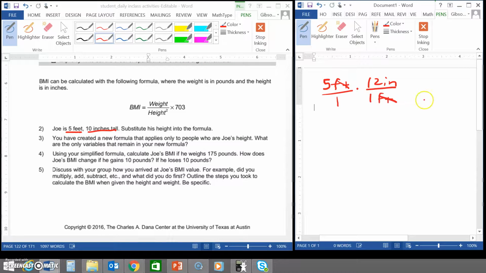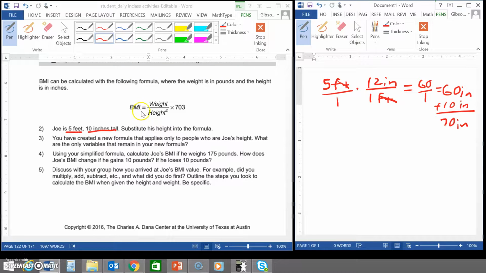So these feet will simplify out, and this will give you 60 over 1, which is 60 inches. Because he was 5 feet 10 inches tall, this only takes care of the 5 feet. So we have to add the 10 inches to the 60 inches, so he will be considered 70 inches.